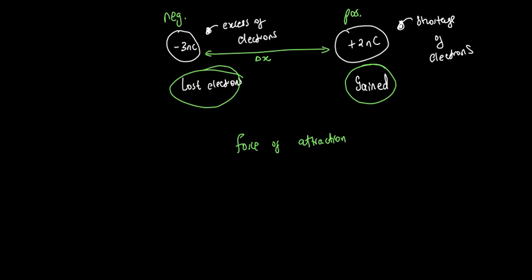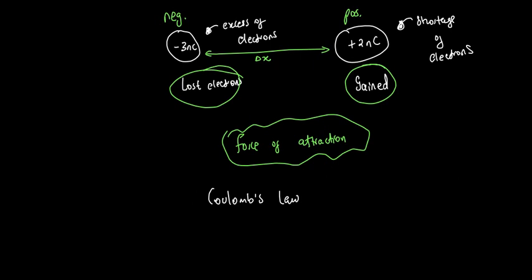Now, there was a man back in the days who came up with a law that explains the attraction between them. That man was Coulomb, and he came up with his own law called Coulomb's law.